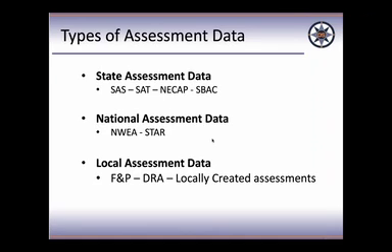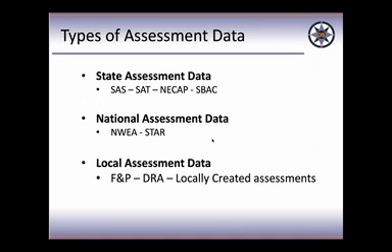But then we get to local assessment data, and not everybody has local data. And not everybody uses the results from their local data either. But I think it's one of the most effective ways to improve instruction if you can get assessments that are aligned with the standards. So if you look at the local assessment data, I say F&P and DRA. Those aren't assessments that were created locally.